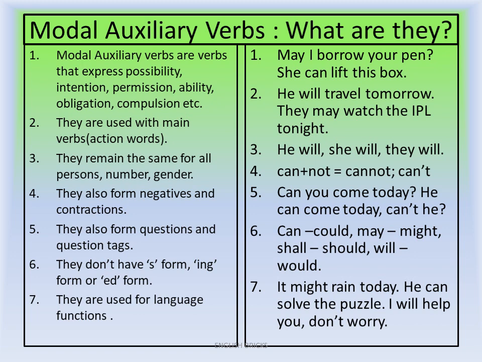Modal auxiliary verbs are verbs that express possibility, intention, permission, ability, obligation, compulsion, etc. For example, look at this sentence: May I borrow your pen? Though that looks like a question, I'm actually asking for permission.